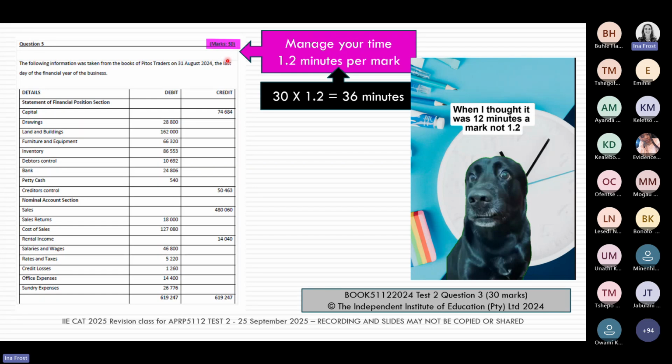Please make sure that for each question you check how long you are allowed to spend on it. If you overrun your time, it's going to impact your later questions. Then you're either going to have to leave them out or rush them, and that's not good. Then you can't optimize your marks.